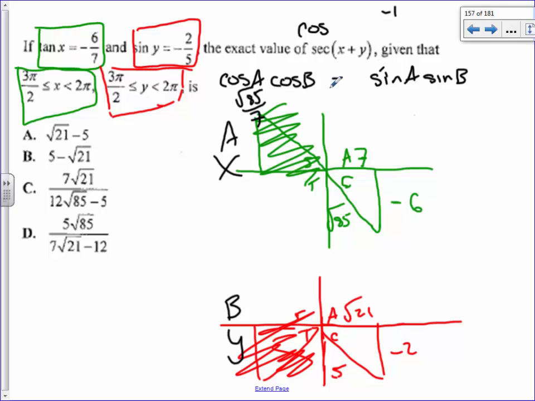Does that make sense? Then I need to pick the cosine out of the other triangle. And so over here, the cosine would normally be the adjacent over the hypotenuse. But again, I've got to flip this. So I've got to make it the hypotenuse over the adjacent.